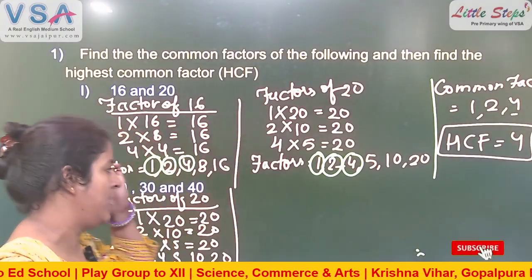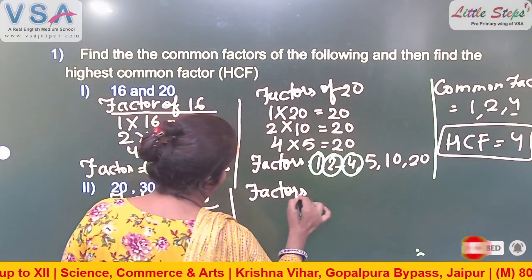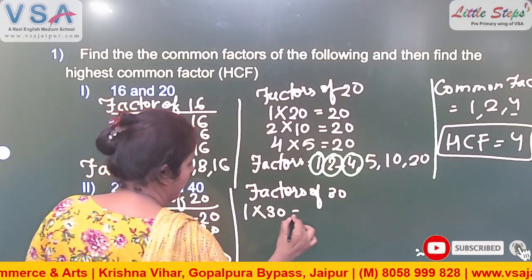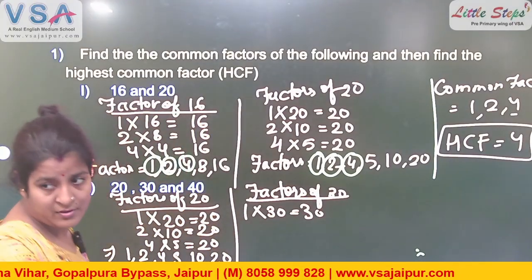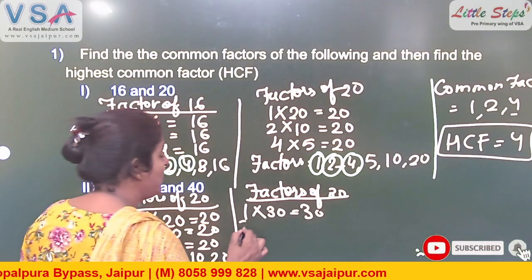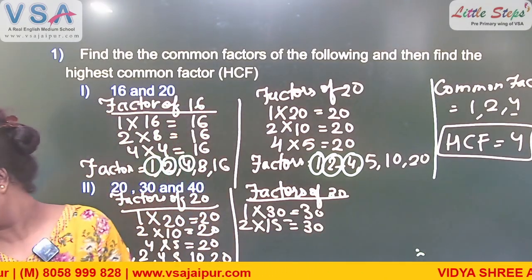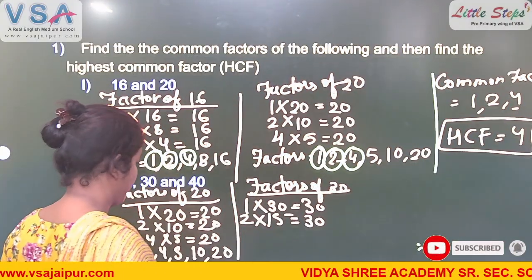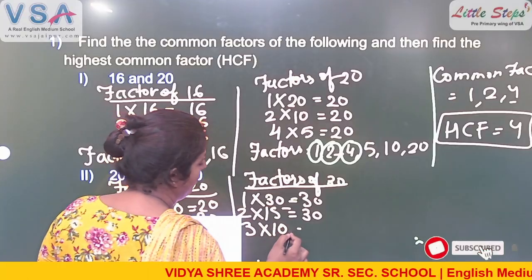Yes, Arya, give me the factors of 30. Speak the answer. Yes, 1 multiply 30 equal to 30. Yes, 2 multiply by 15 equal to 30. Next. 3 multiply by 10 equal to 30.